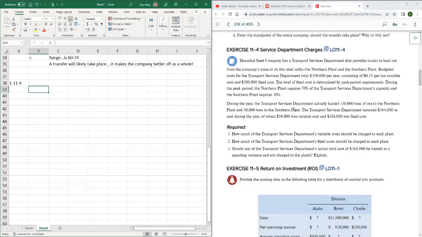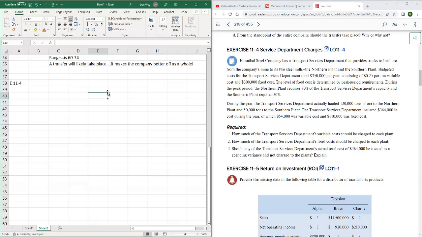During the year, the Transport Services Department actually hauled 130,000 tons of ore to the northern plant and 50,000 to the southern plant. The Transport Services Department incurred $364,000 during the year, of which $54,000 was variable cost, $310,000 was fixed. So first up said how much of the Transport Services Department's variable cost should be charged to each plant.